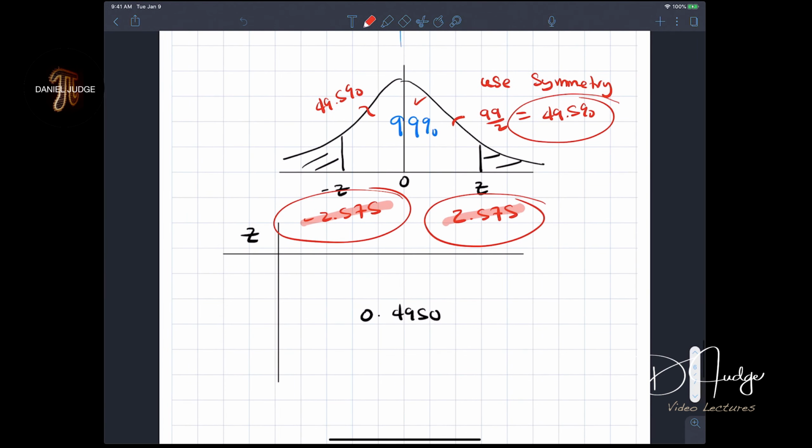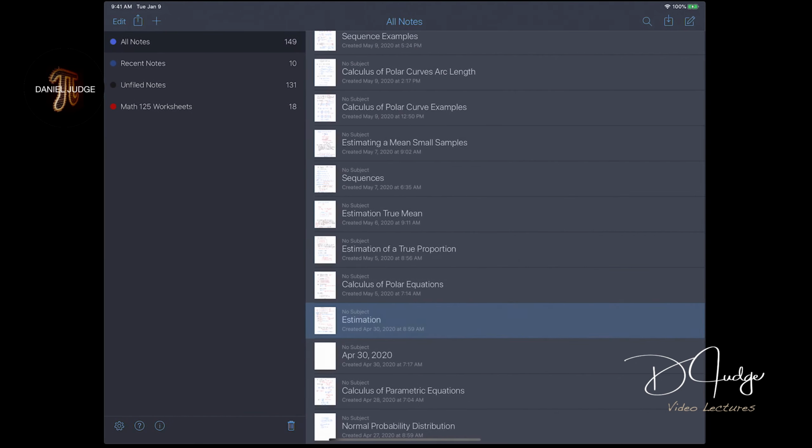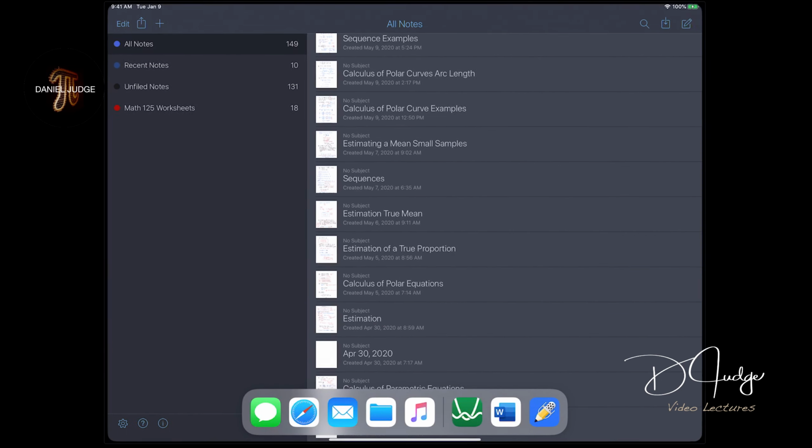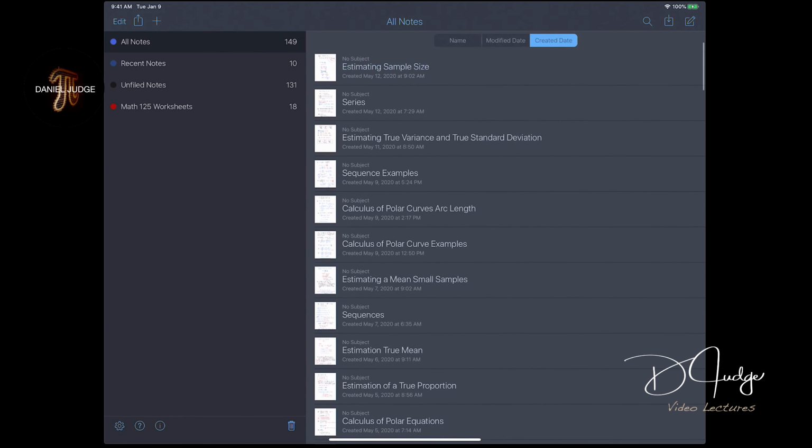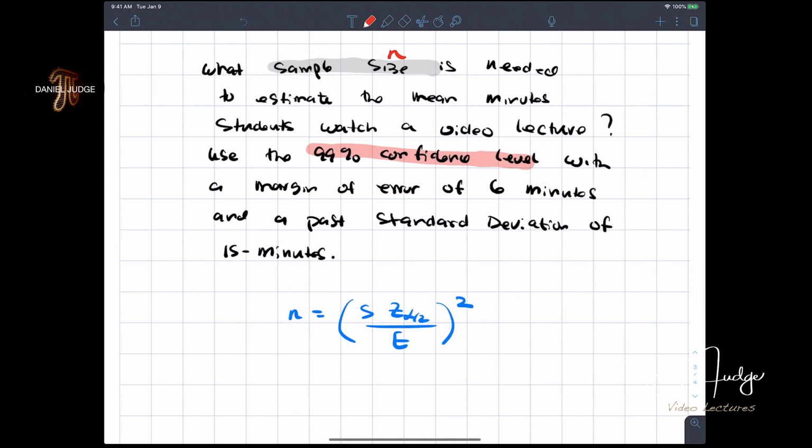There it is, 2.575. So here's the Z value, 2.575.